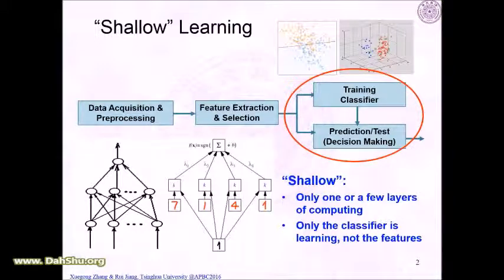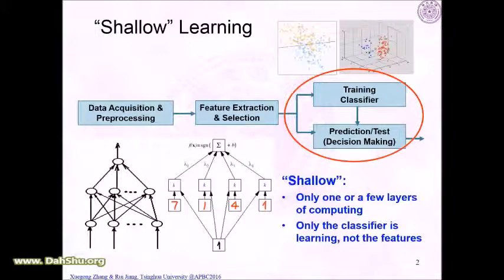We train the machine, and then we make a prediction. So we focus on this part. We assume that the features are ready when we are talking about the support vector machine or neural network or logistic regression or whatever. Of course, there are studies about feature extraction and selection, but they are taken as another task we have to do before we do the classification. So only the classifiers are learning, and not the features.